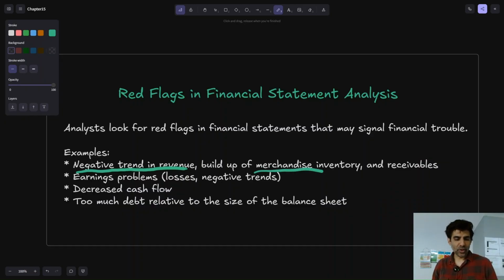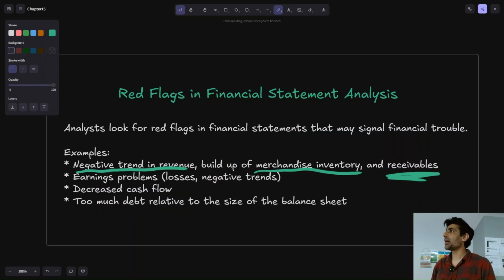If merchandise inventory is building up, so if you're a merchandising business, you see the inventory is getting higher and higher every quarter, that means they're not selling stuff. That's a problem. If the revenues are growing in line with the inventory buildup, that just means your business could be growing. But if your revenues are declining and your inventory is going up, you're probably in some trouble.